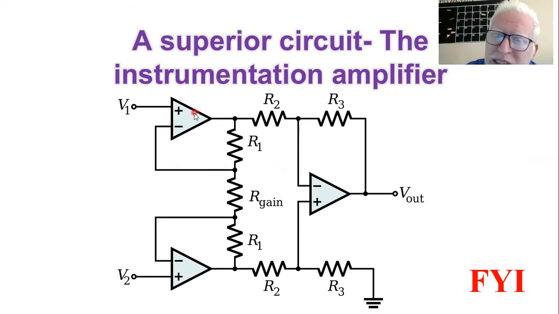Again, the buffer is used here to isolate the input with respect to the output. This is the function of these two buffers, or voltage followers, in the entrance stage of the circuit. We call this the instrumentation amplifier, because this is most probably the amplifier used in most instrumentation circuits.